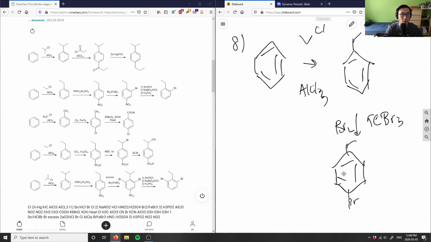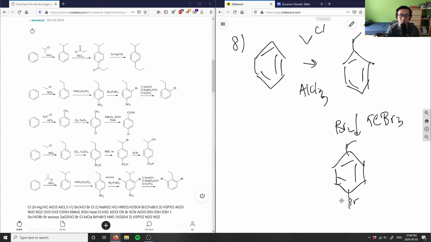It's going to bond to the opposite position, and the reason is that it doesn't like being in the ortho position because of the ethyl group, because of steric hindrance. It's going to bond where it creates the most space. So if I were to bond the bromine here, it's not going to bond to carbon 2. It's going to bond at carbon 4, the para position.